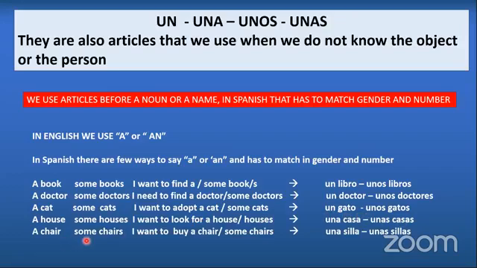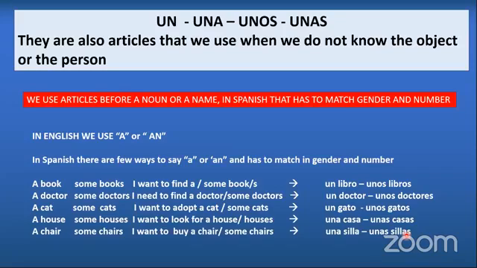A chair, some chairs. I want to buy a chair. I want to buy una silla. I want to buy some chairs. I want to buy unas sillas. So I want to buy a chair, but I haven't decided which one. If I go and check the chair and come back and tell my husband, I will say, I want to buy that chair, la silla.